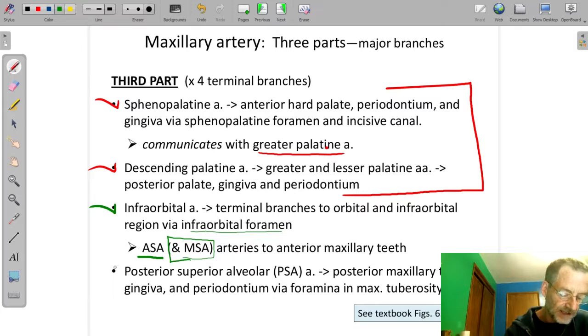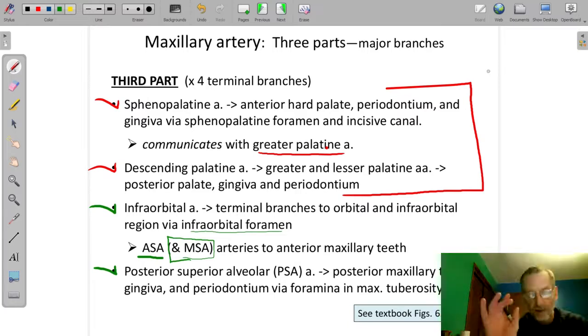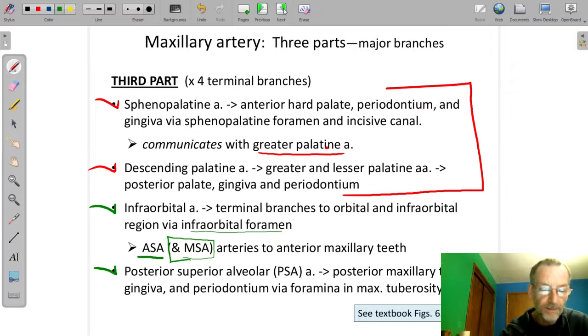So we have the ASA and the PSA for the posterior superior alveolar, and that supplies the posterior maxillary teeth, gingiva, periodontium. And those arteries of the PSA enter the maxillary tuberosity through tiny foramina, just like the nerves exited there.